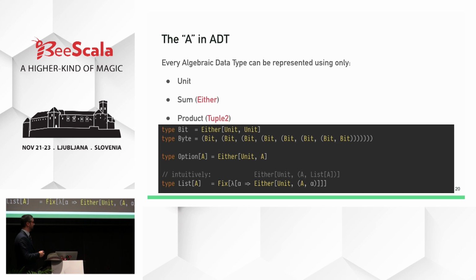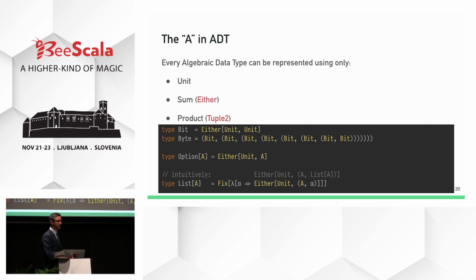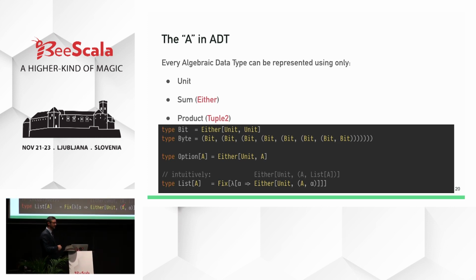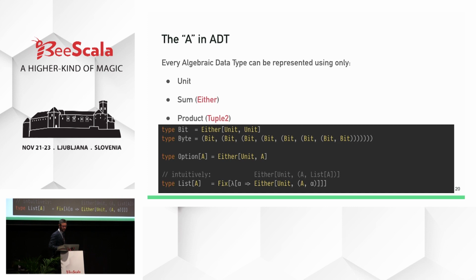But just as a matter of explanation, I could say the list of A is equivalent to either unit, that would be the empty list, or a pair of A and a list of A, the head and the tail. And in fact, you can end up with a trick to write that in Scala, but let's forget about it because the syntax is pretty ugly.